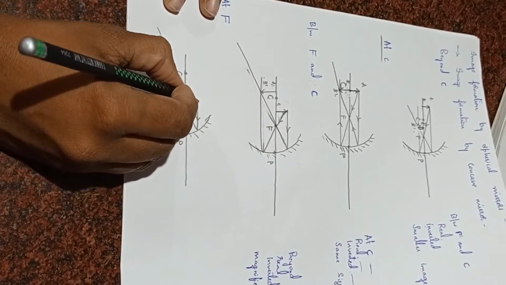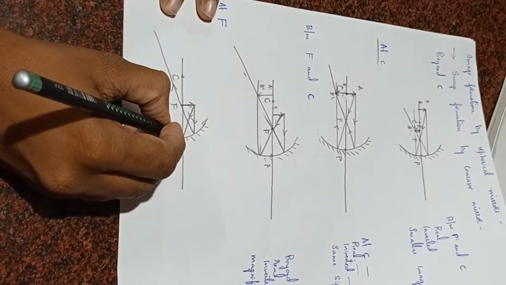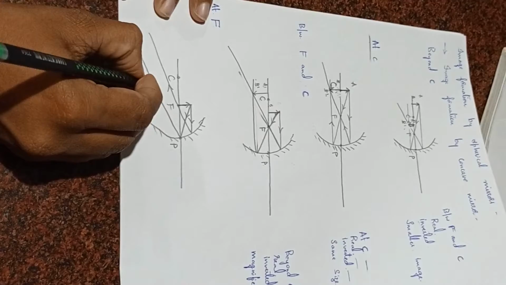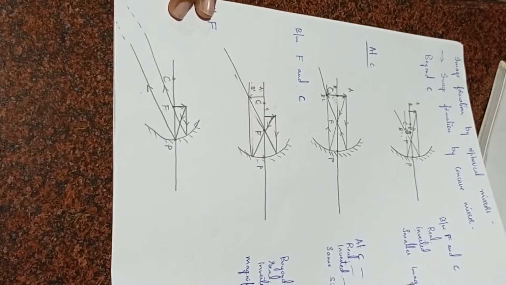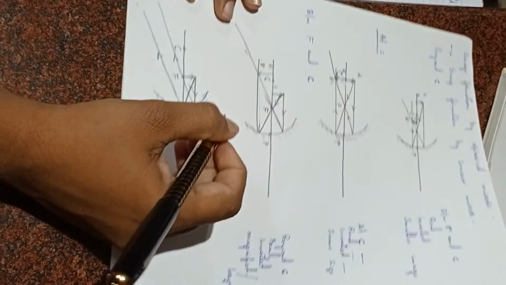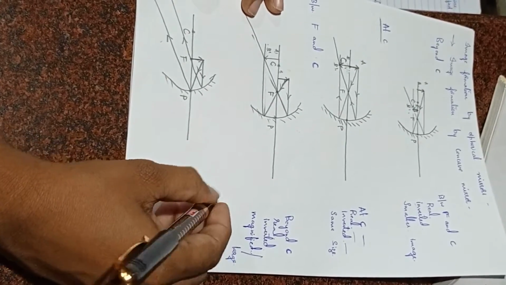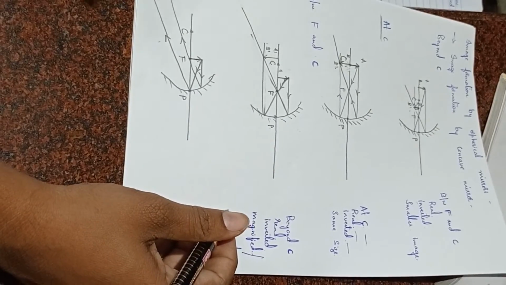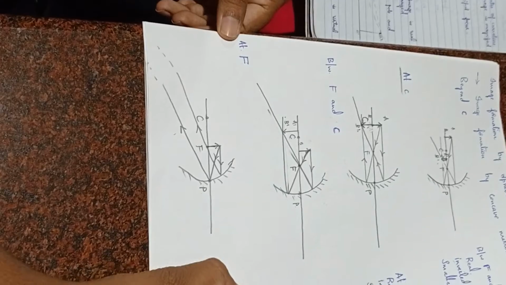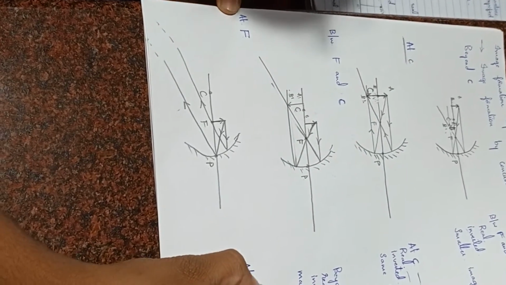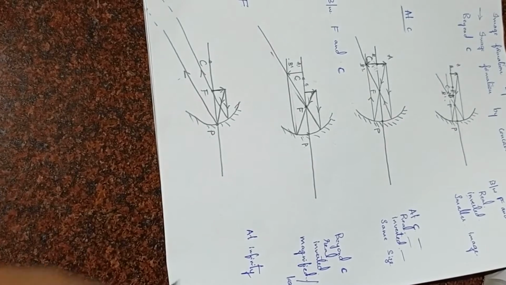Another ray is incident on the pole and after reflection passes in this way. So this continues. So what is the conclusion? Can you see anywhere the image has formed? No, right? So the image is at infinity. You can't get the image of the object.